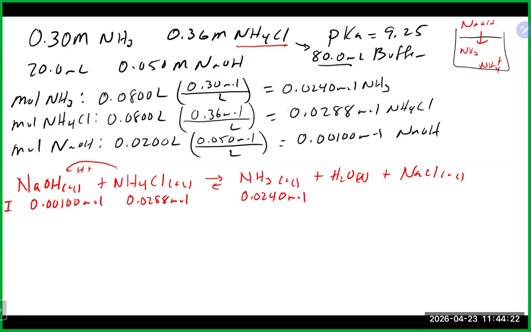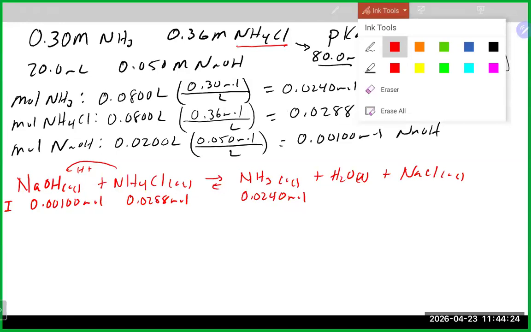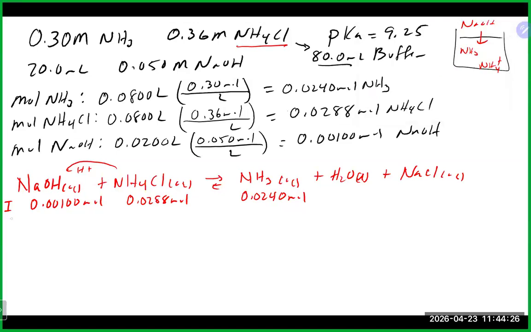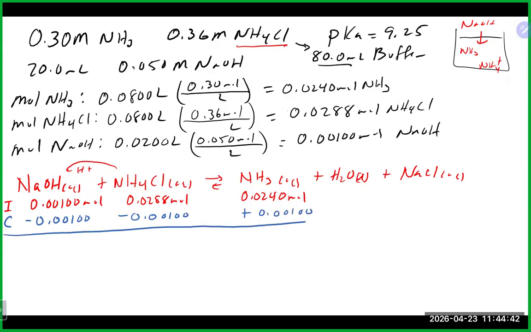Once again here, when we do this ice table on moles, we do know what the change should be. And again, in this case, should be the smaller case, which in this case will be our sodium hydroxide. So that's going to be the change that's going to occur. And we're going to add it over here. And that means at equilibrium here, we will have nothing of our sodium hydroxide because, of course, we made a very good buffer, hopefully 0.001.